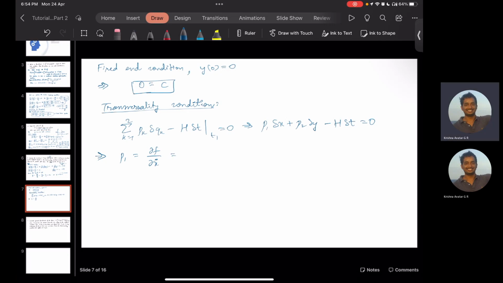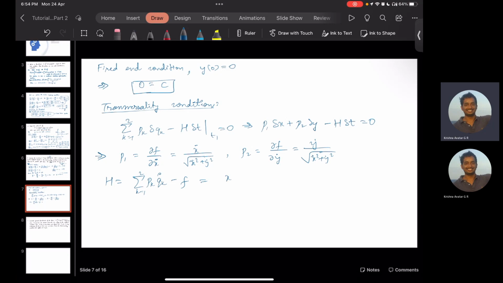And this is nothing but x dot divided by root over x dot squared plus y dot squared. And likewise, p2 is equal to partial f by partial y dot, which is y dot divided by root of x dot squared plus y dot squared. And h here is nothing but the summation of pk qk dot, k equal to 1 to 2, minus f.